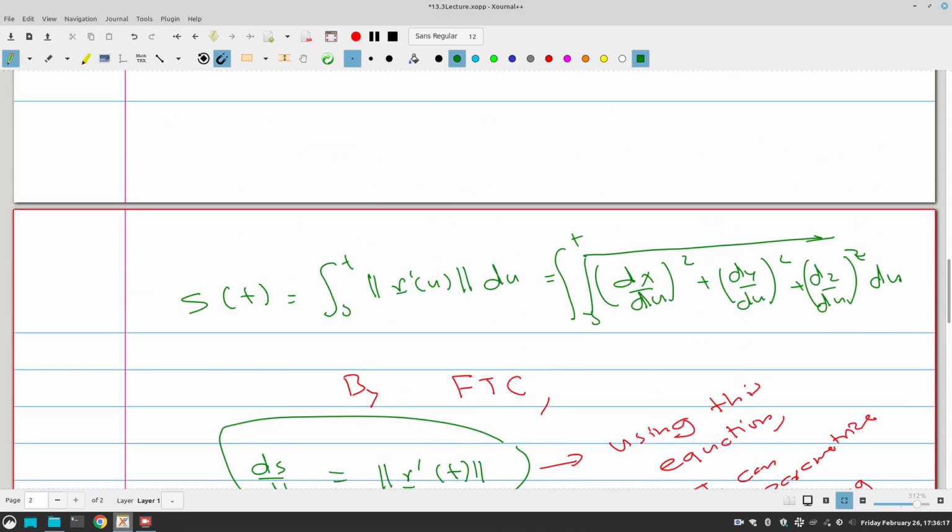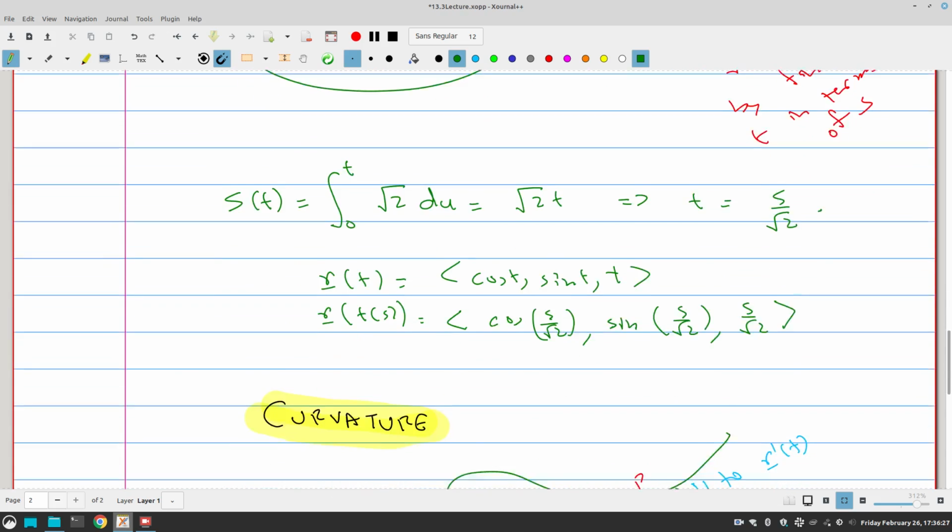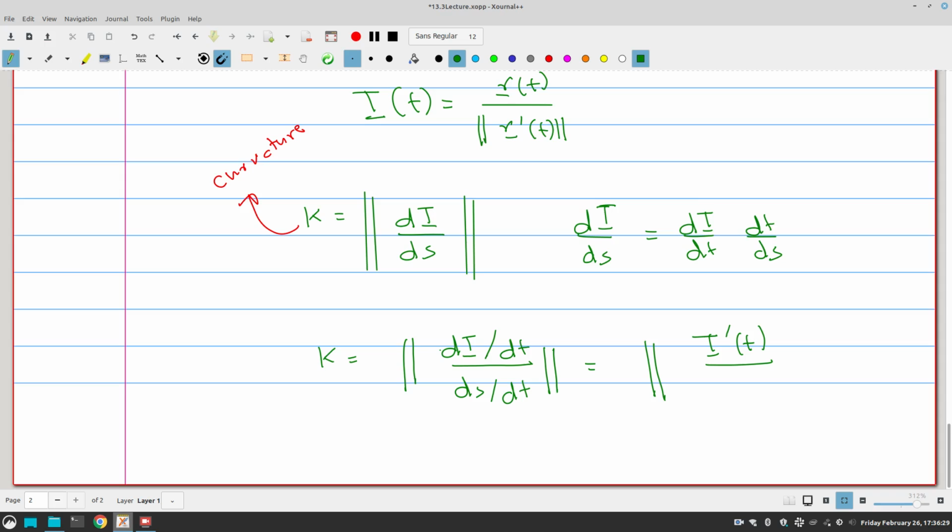Remember, the modulus of ds by dt is the modulus of r prime t. So this we can write as T prime t divided by the modulus of r prime t.